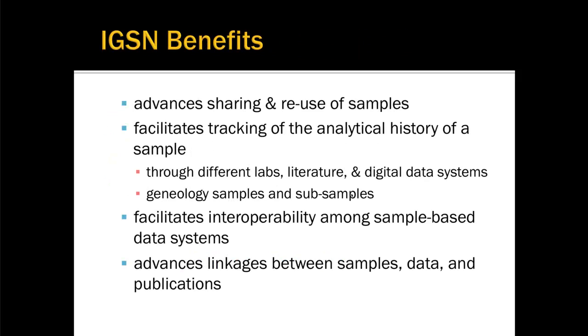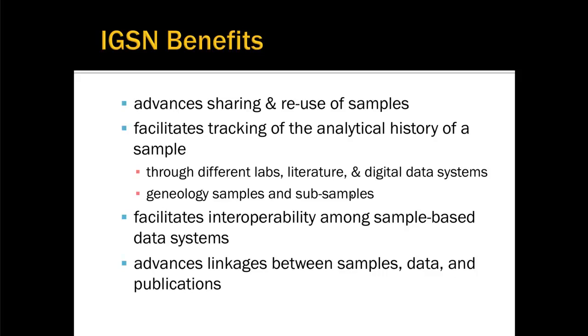What we see as the major benefits of the IGSN is that it really advances the sharing and reuse of samples. Through the registration of samples, it will become much easier to identify where samples have been collected, where these samples are accessible now. It will facilitate the tracking of the analytical history of the sample by maintaining the IGSN on sample labels.